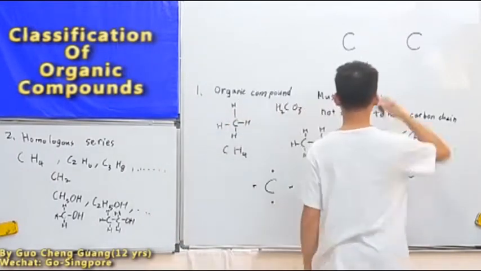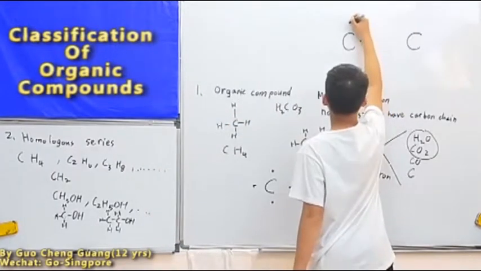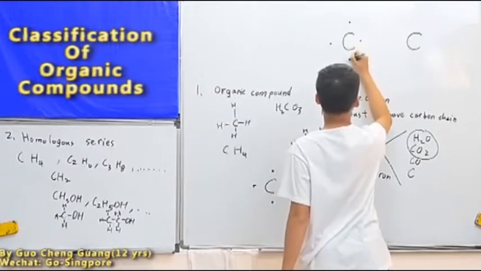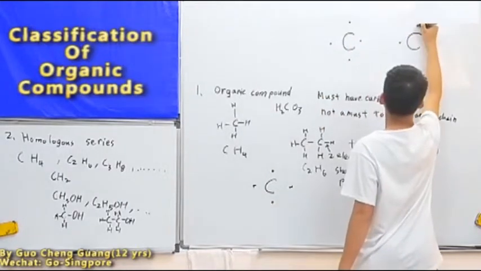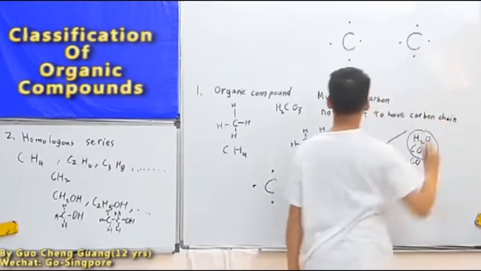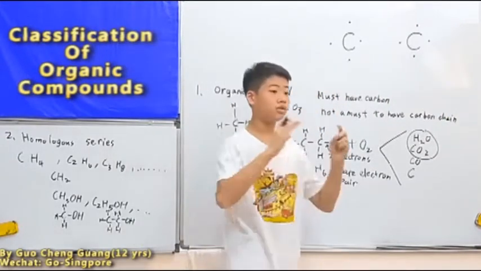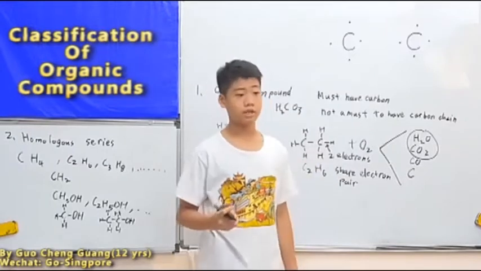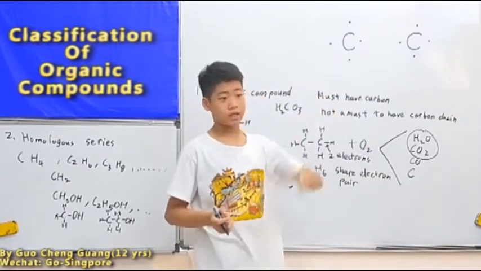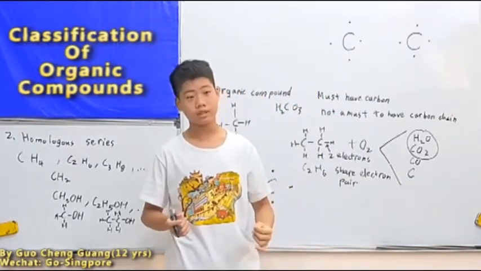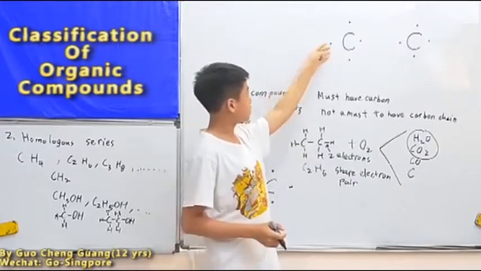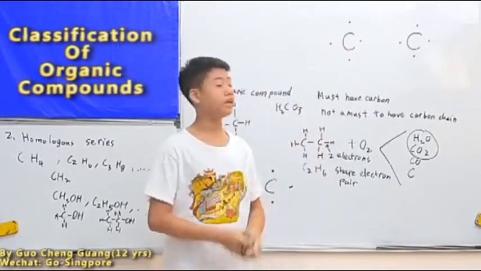So carbon has 4. There are also other elements with 4 valence electrons. If you want to find some of them, you go vertically down: carbon, silicon, germanium, tin, lead, flerovium. All of these also have 4 valence electrons.